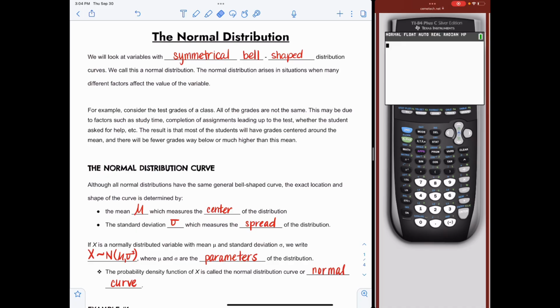If x is normally distributed with a mean and a standard deviation, we write x is distributed normally around the mean mu and the standard deviation squared, sigma squared, where mu and sigma are the parameters of the distribution. The probability density function of x is going to be called the normal distribution curve, or just the normal curve.